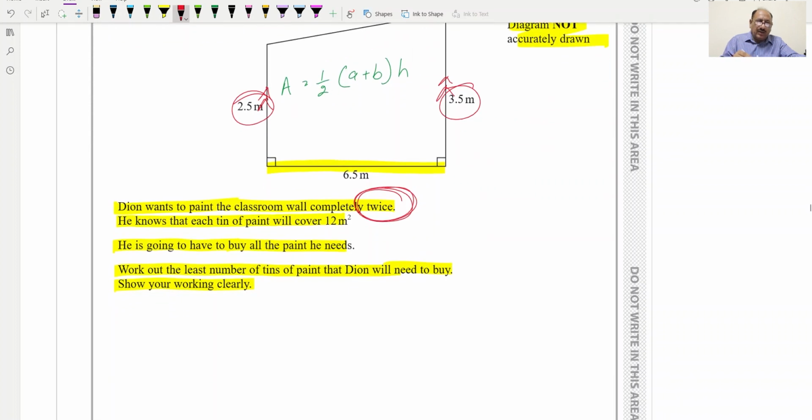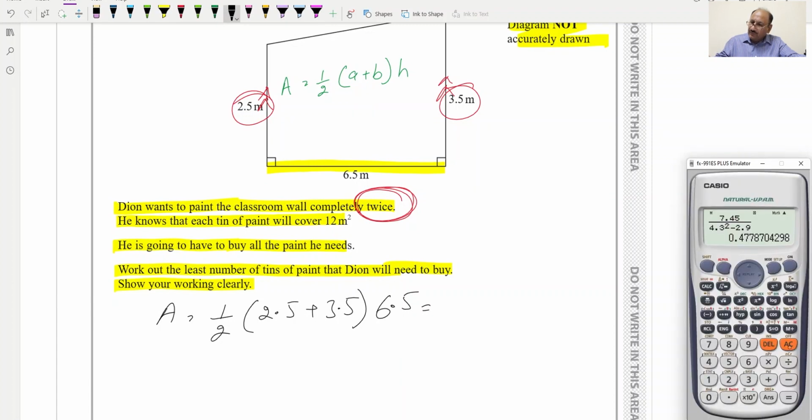So we will apply this area formula, and area will be equal to half into A plus B. So 2.5 plus 3.5 into H, which is 6.5, and we can solve it. It will be 0.5 for half multiplied by 2.5 plus 3.5. Basically we have to use a bracket over here, otherwise there will be an issue.